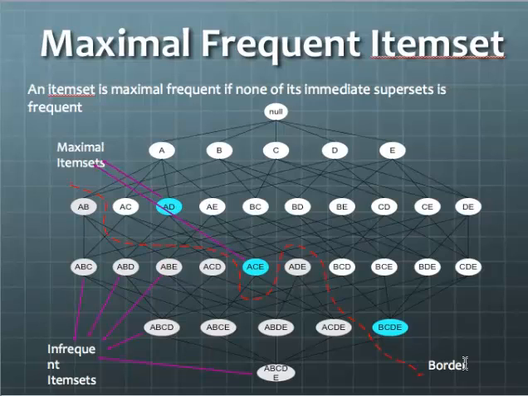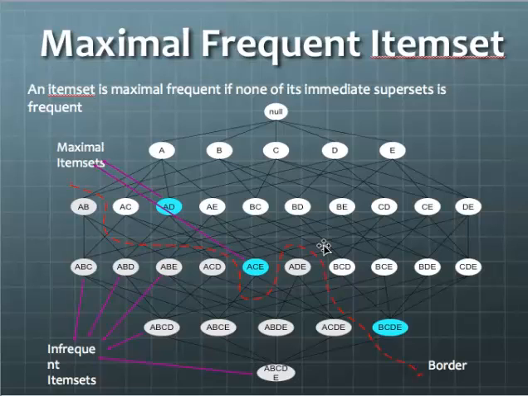Therefore, the maximal frequent item sets ACE, AD, and BCDE provide a compact representation of the frequent item sets shown in this figure. Maximal frequent item sets provide a valuable representation for datasets that can produce very long frequent item sets, as there are exponentially many frequent item sets in such data.